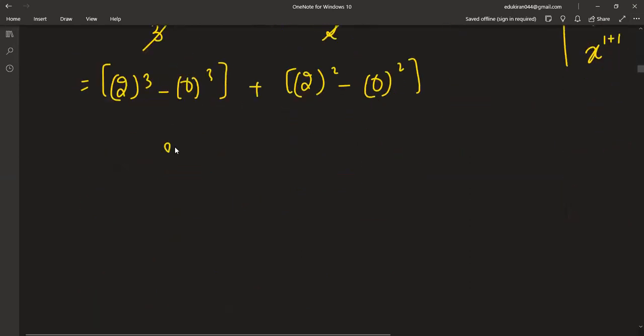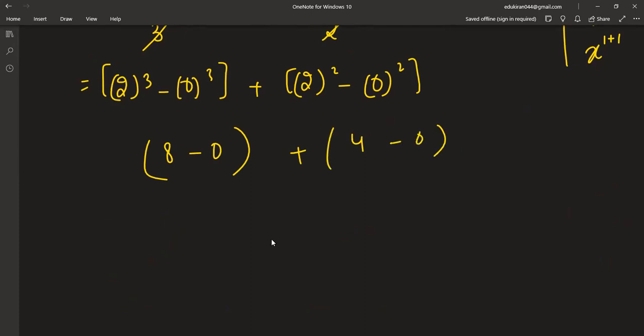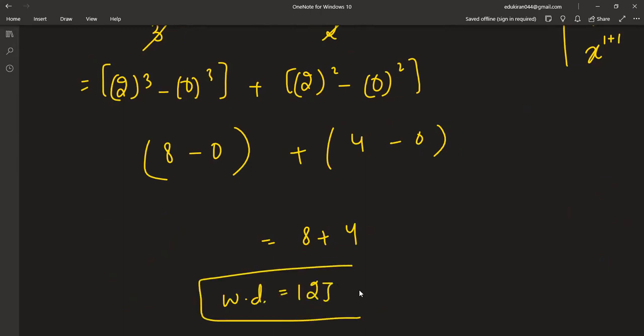This is 8 minus 0 plus this is 4 minus 0. So the answer is 8 plus 4. Final value of work done is 12 joules. This is how you have to solve if you are given a variable work done. Write it down.